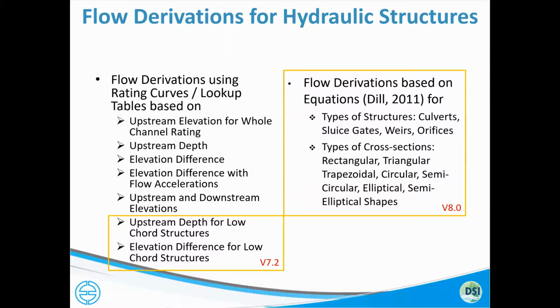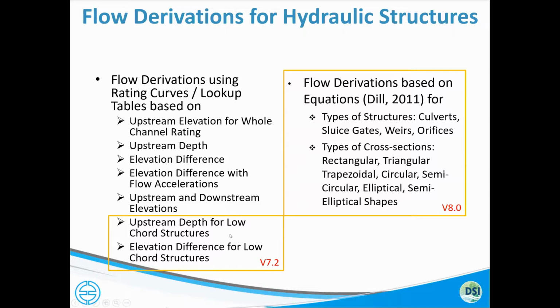Subsequently to those, actually in 8.4, DSI added this capability for a typical rating curve for the entire channel, and allowed for splitting individual cells up for the discharge. If you have just a rating curve for the entire river, you can enter that and then use that, which is very similar to these other methodologies.